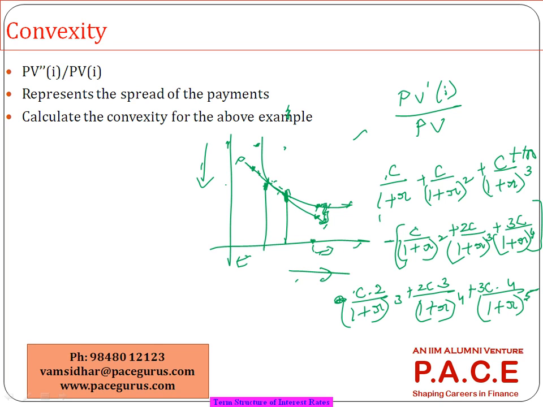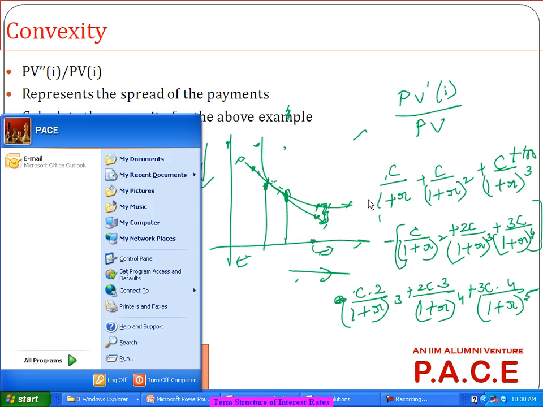But on a conceptual part, the duration is nothing but the first derivative of the price, whereas when we are talking about the convexity, our focus is on the second derivative with respect to the price.